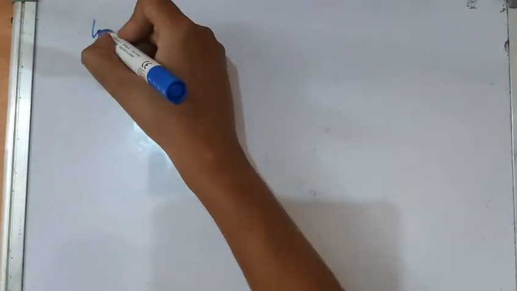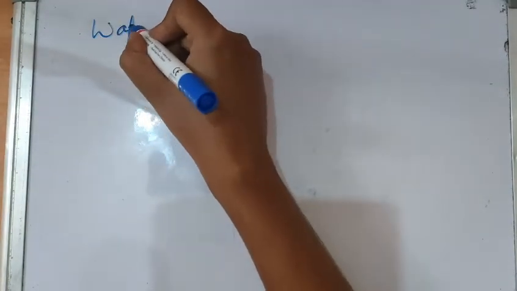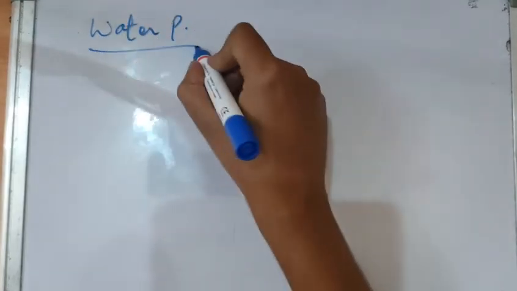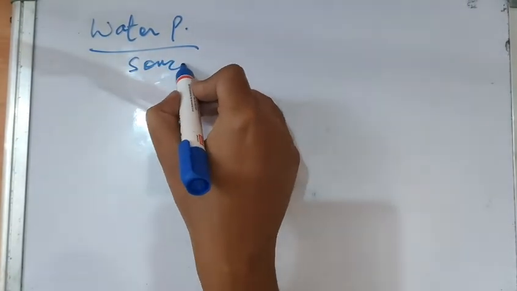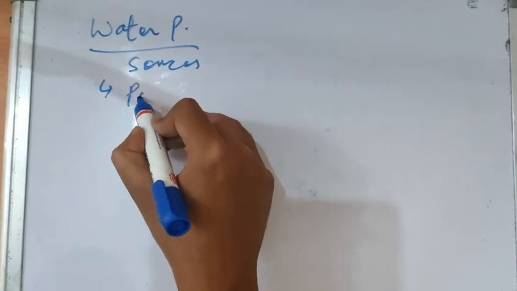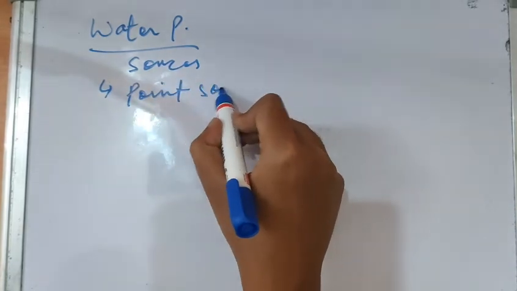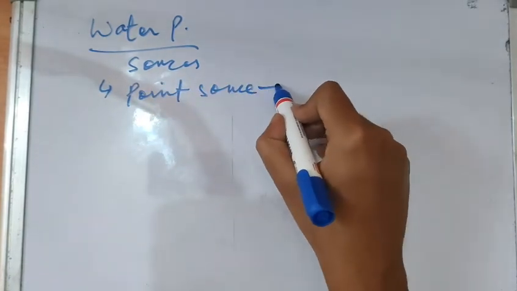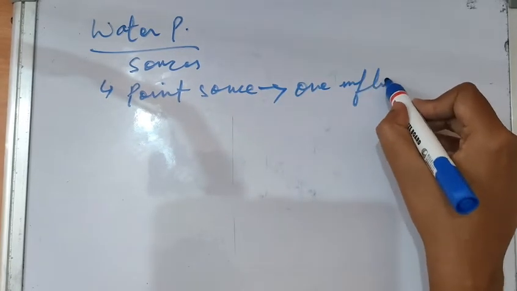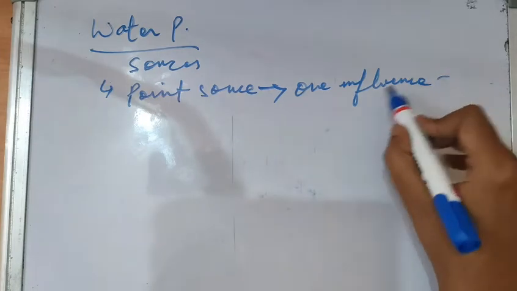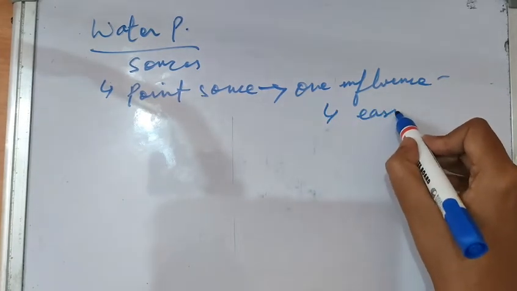Moving on, we have got water pollution. Major sources of water pollution: we have got point source, that is one influence, so the pollutant is coming from one source, and it is easy to control.